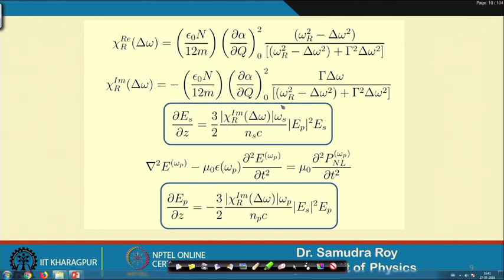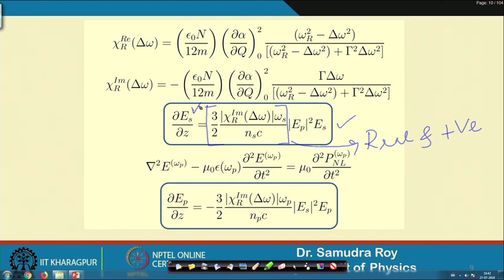So this quantity in the bracket is real and positive. That gives you the idea that the solution of this equation is something where E s will be amplified.